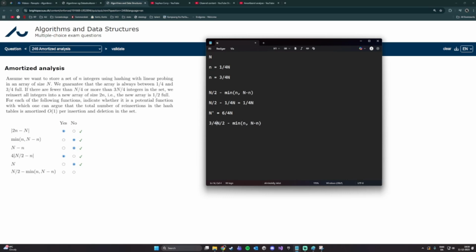That is 3/4 n minus whichever is lower: n, which is still 3/4 of the old n, or the new n here, which is n prime, so 6/4 n minus the old n here. I mean the small n here, which I have given as a function of the old n here. So this is obviously 3/4 n, and whichever is lower of these, it's the same.